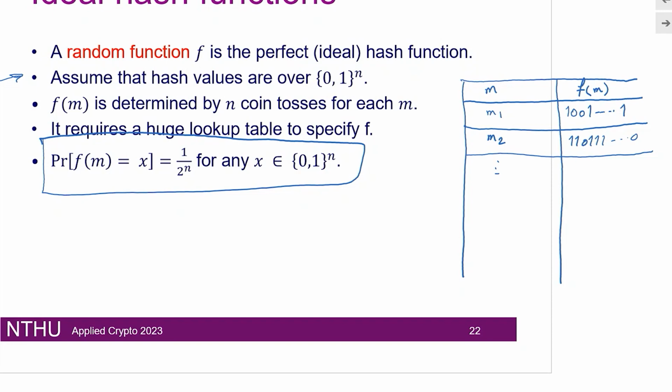And because of that, we get this nice property: if you want to guess the hash of some message, your guess is going to be just 1 over all possible elements that we can get on the output. That would be quite natural. This would be the ideal hash function, because in the proofs we can use this probability to accomplish a lot of good stuff when we are trying to prove the security of any crypto system that uses the hash function.